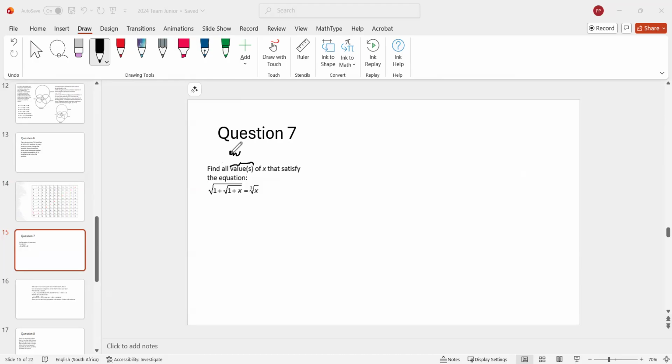Find the integer values of x that satisfy this equation. A very complicated looking equation which has a cube root and two square roots, which make it really terrible. Anyway, the point is that from here, if x is an integer, then 1 plus x must be a perfect square.